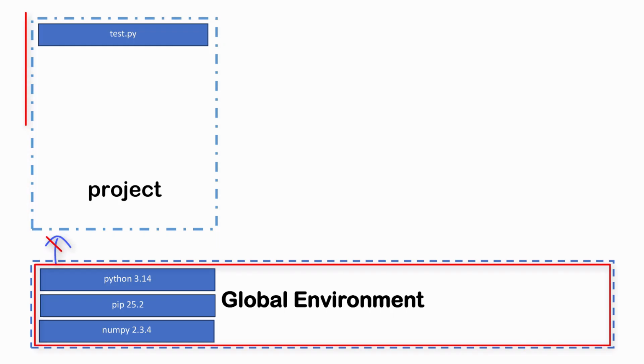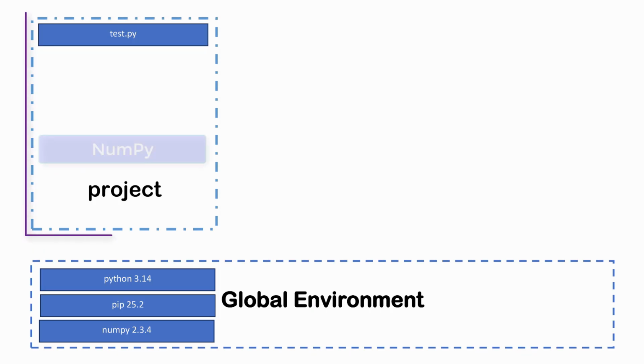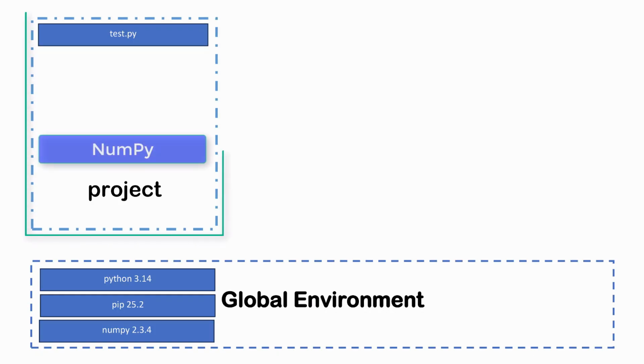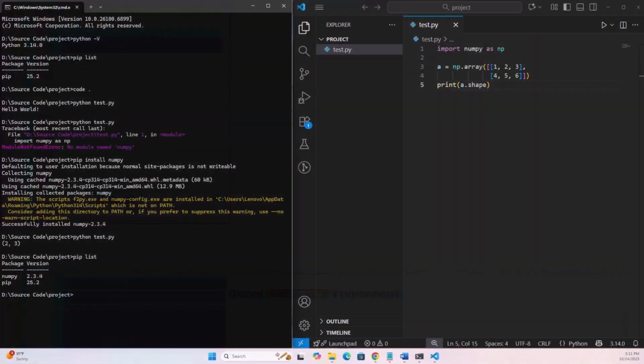No Python interpreter or packages from outside this environment will be accessible here. Because of this isolation, we'll need to install all required dependencies and libraries, such as NumPy or any others, within this virtual environment. This ensures our project runs independently and remains unaffected by any global updates or changes.